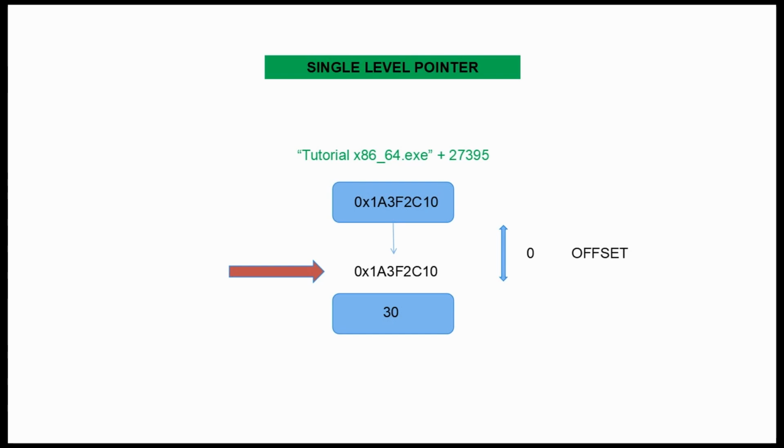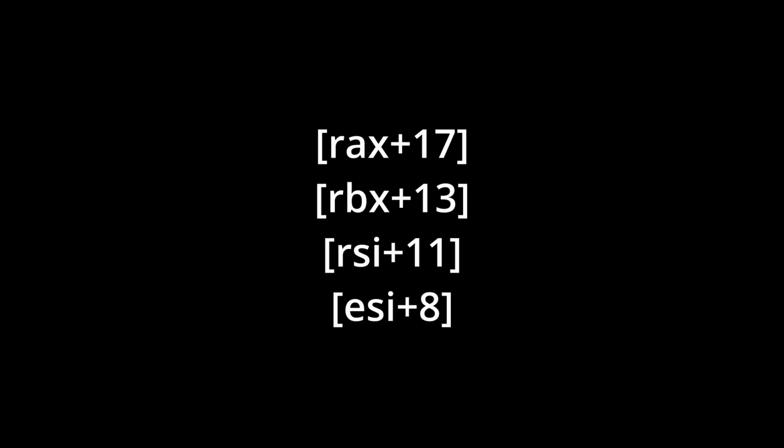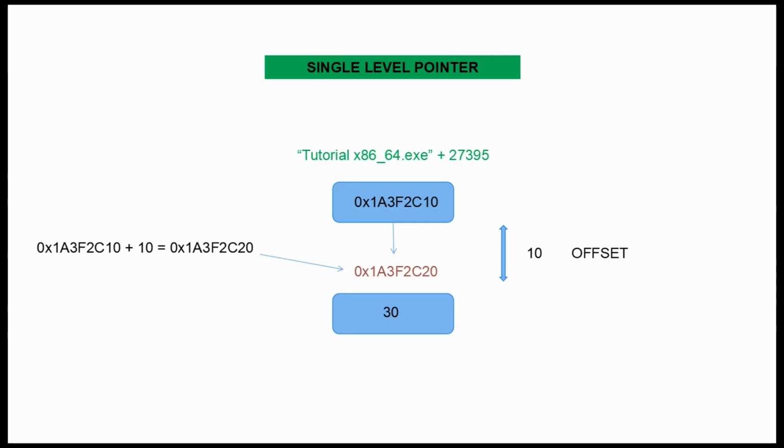Offset is a difference between the addresses. Usually, we see some offsets with the addresses, for example, like this. That means whatever address we have in our memory, we need to add that offset to that specific address. Then we will get the destination address, where the instruction or code performs the task or stores and reads the values in it.